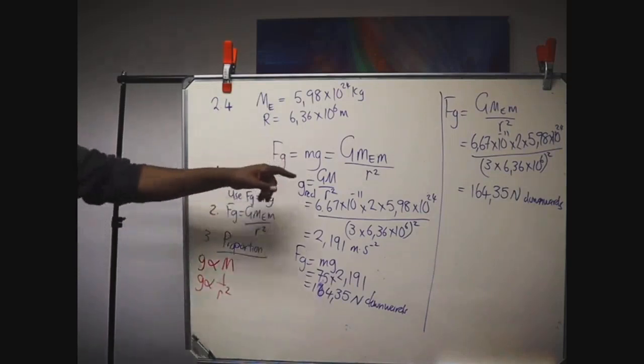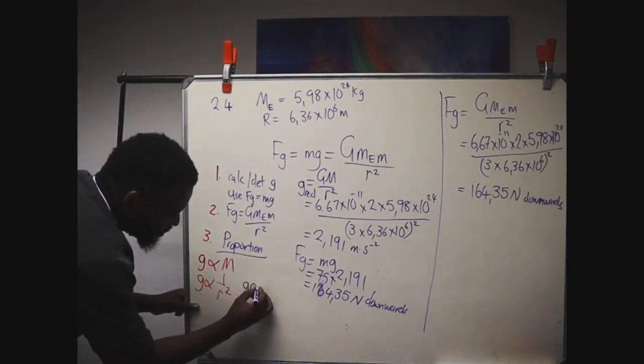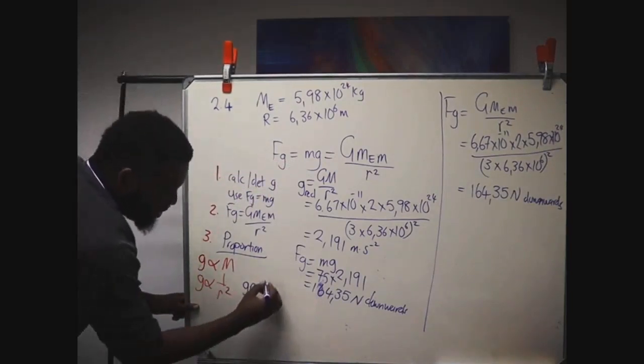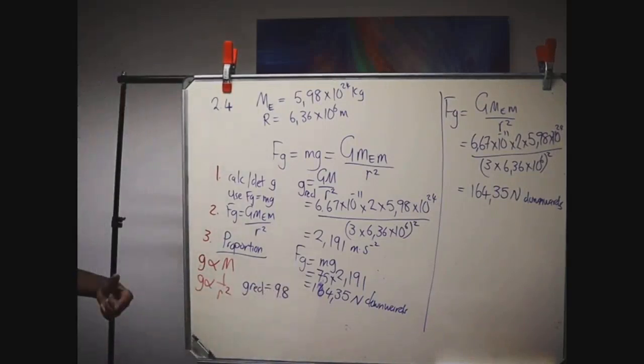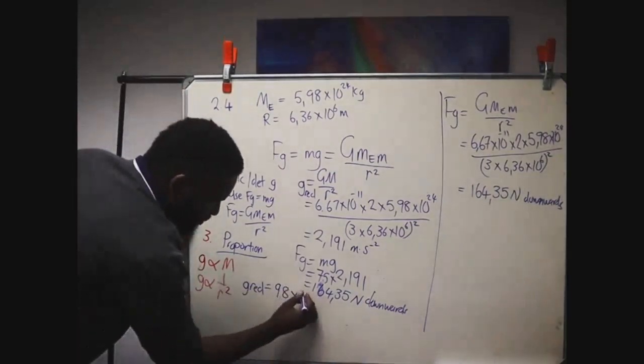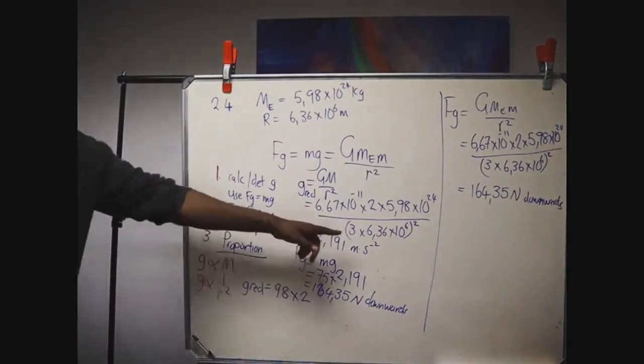We are doubling the mass, so g on the red planet is going to be equal to the 9.8, which is the g of the Earth, but now we're doubling the mass, so it's times 2. We're trebling the distance.